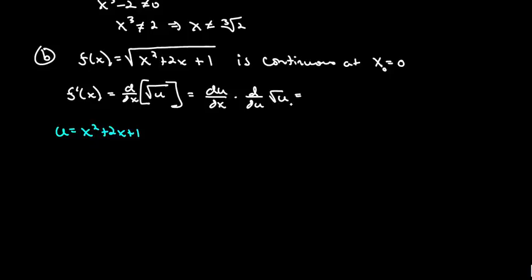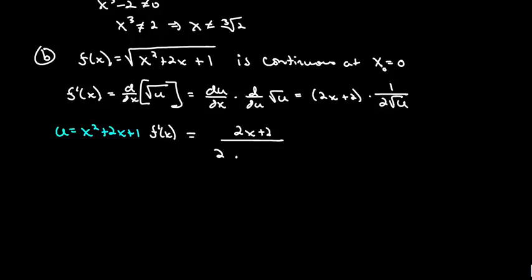So du dx is 2x plus 2, and d du is 1 over 2 square roots of u, which means that f prime is equal to 2x plus 2 over 2 times the square root of x squared plus 2x plus 1.